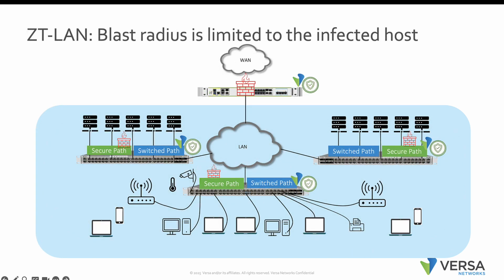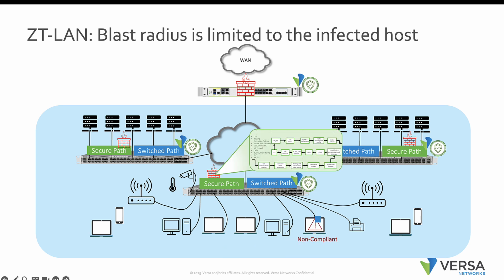While if we have ZTNA configured and the ZTNA is enforced, in this case, if something happens to the endpoint, we can restrict that endpoint to the port where it's connected to the switch. So we have the real zero trust where we don't trust anything behind the port of connection to the Versa switch.